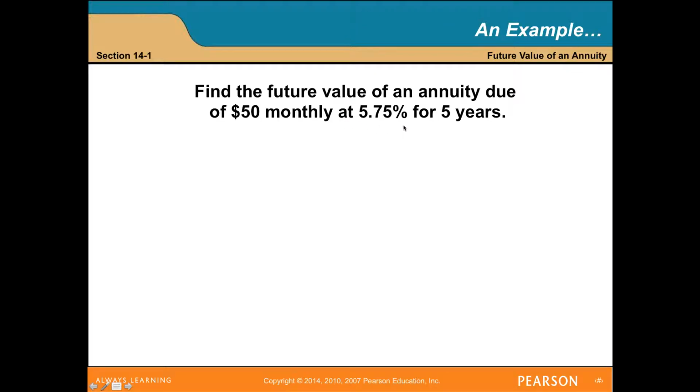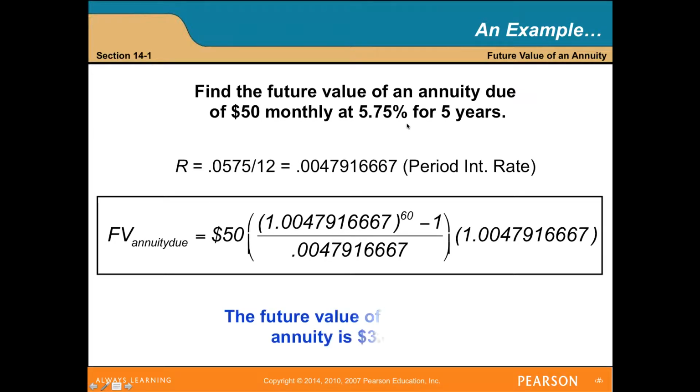As another example, find the future value of an annuity due of $50 monthly at 5.75% for 5 years. Here we have the rate, 0.0575, which is the decimal form of 5.75%, divided by 12, because we have 12 months per year.